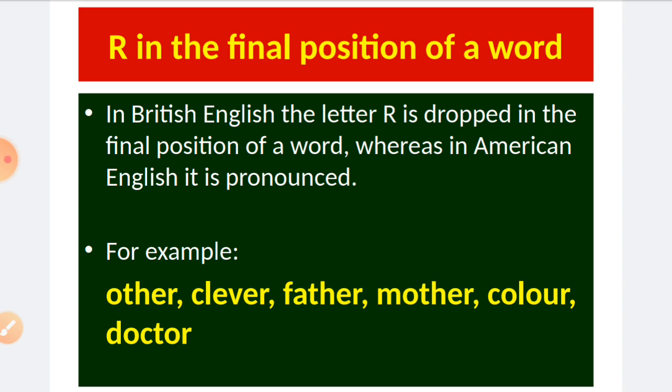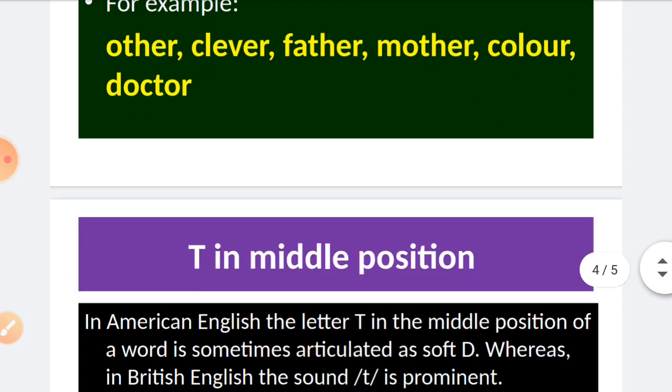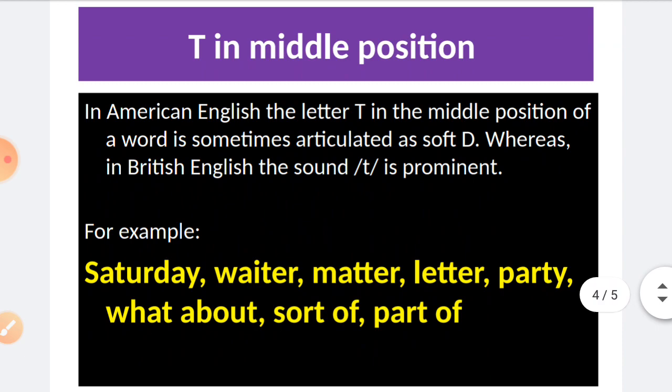So, the difference is that in British English, the letter R is dropped, whereas in American English, it is pronounced quite clearly.